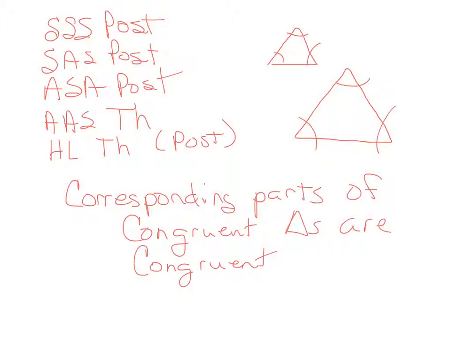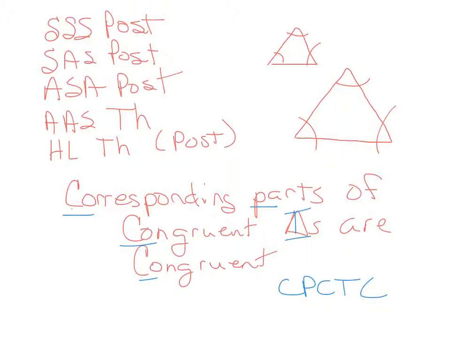You don't have to write it out, but we can use CPCTC, should have written out triangles, TC. For your reasoning, CPCTC. That can be your reasoning to show that corresponding parts of 2 congruent triangles are congruent.